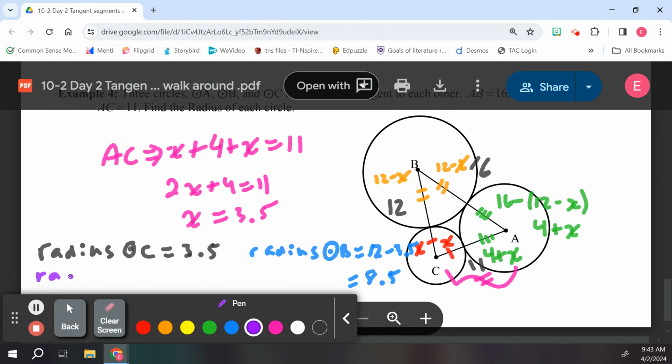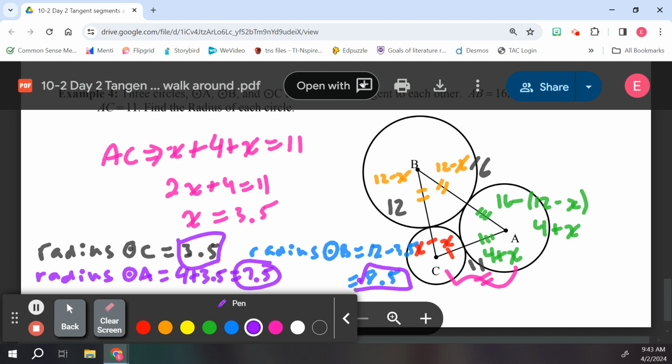And then the radius of circle A is going to be 4 plus x. So 4 plus 3.5, which leaves us with 7.5. Okay? Questions? Anything?